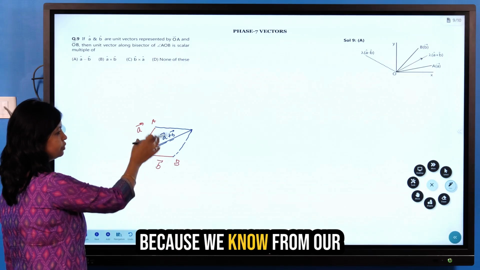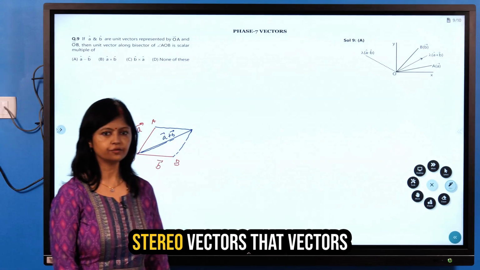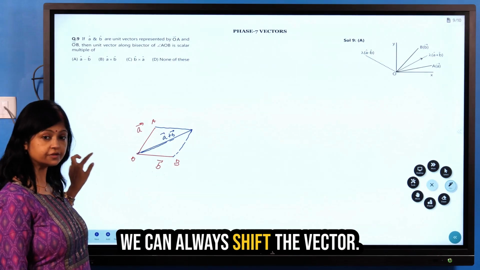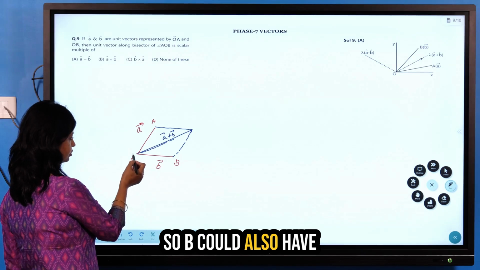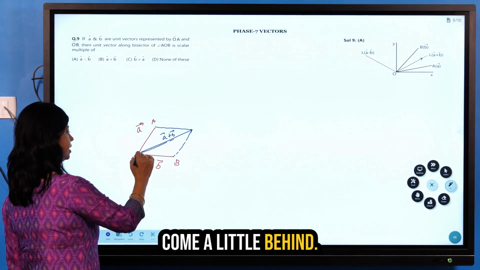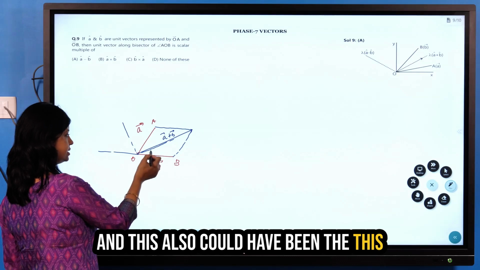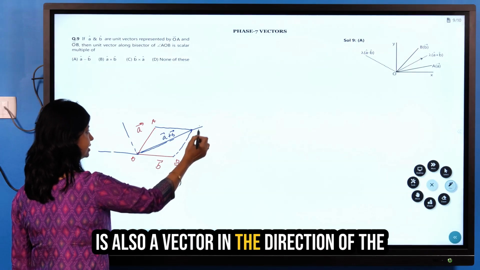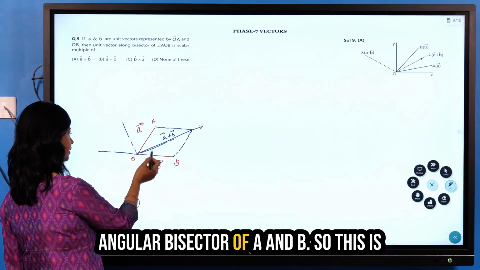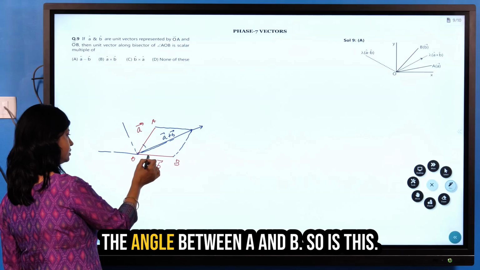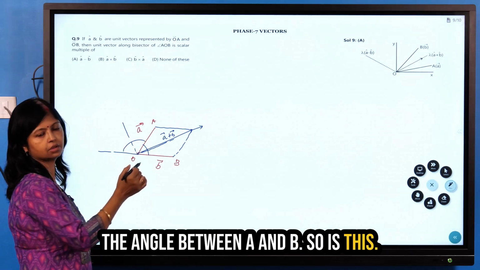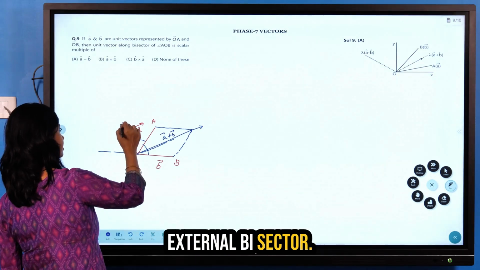Because we know from our study of vectors that we can always shift a vector. So B could also have come a little behind, and this also is a vector in the direction of the angular bisector of A and B. So this is the angle between A and B, and so is this. So both internal and external bisectors.